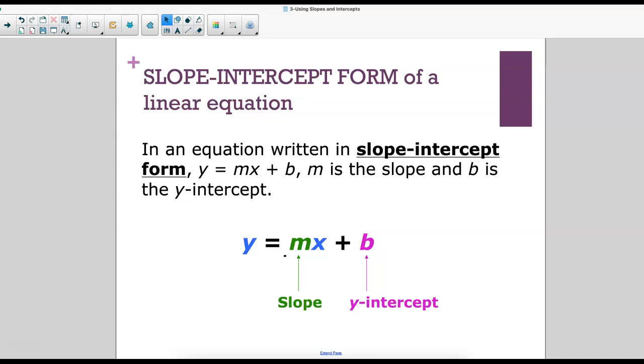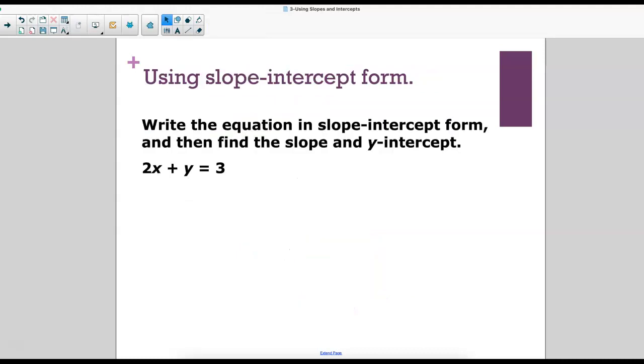We're going to go to the next page, page 9. On page 9, it says using slope-intercept form. We want to write the equation in slope-intercept form.